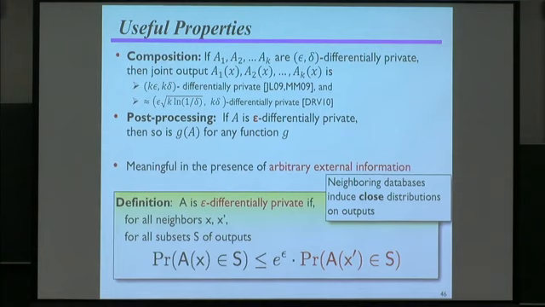And the last thing I want to say is that this notion of privacy also gives us a meaningful guarantee, no matter what the adversary knew ahead of time about the data before seeing the output. Let me try to pin that down a little more precisely.